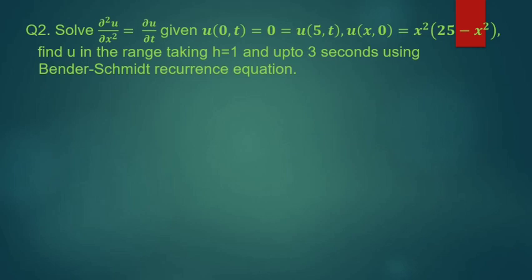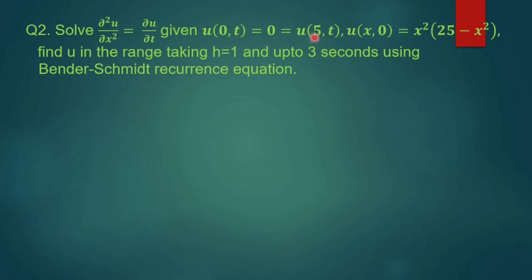So the next sum we are going to solve using the Bender-Schmidt method, the Bender-Schmidt recurrence relation. Here also from the question we see that this equation represents the one-dimensional heat flow equation, and the boundary and initial conditions are given, but the range of x is not given.